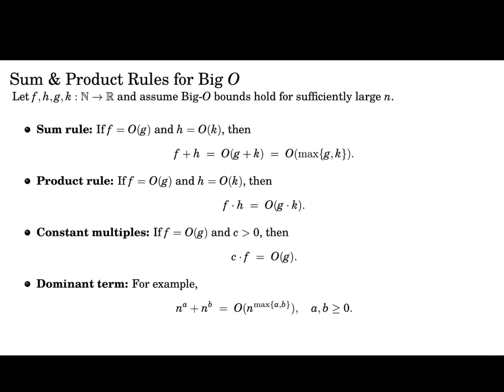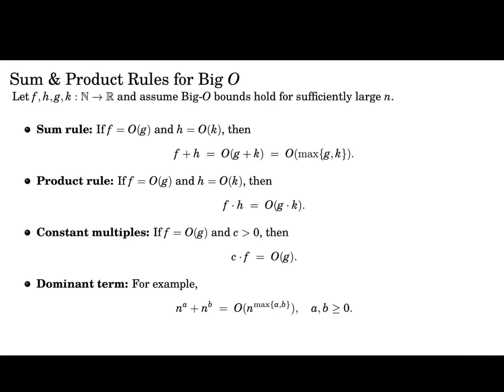We're going to see examples, but for now let's just talk about the rules. If f is big O of g and h is big O of k, then if you multiply them, you get big O of the multiplication. If you multiply by a positive constant, so f is big O of g, it doesn't change anything; it's still big O of g.